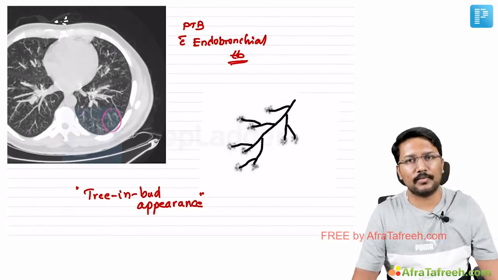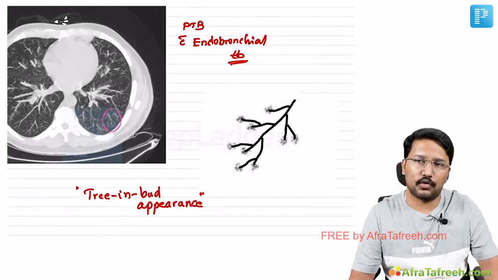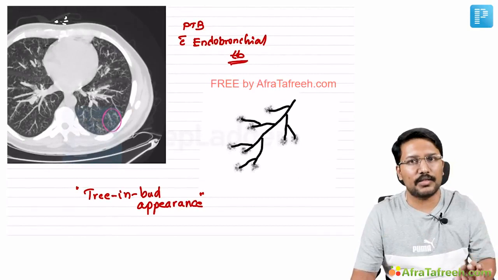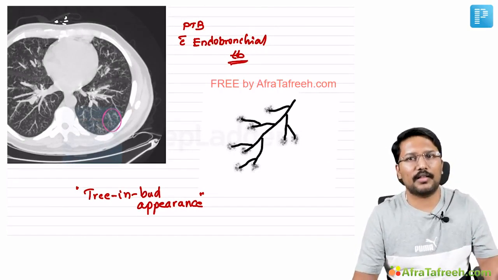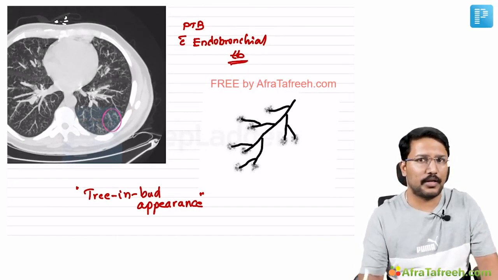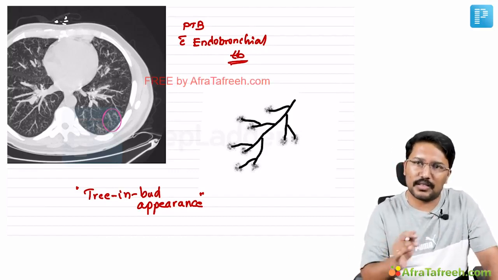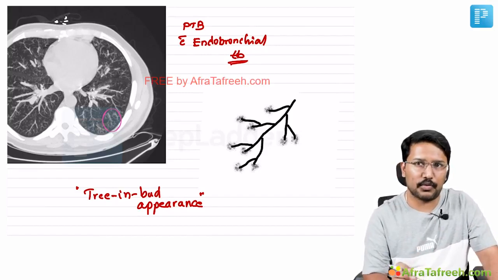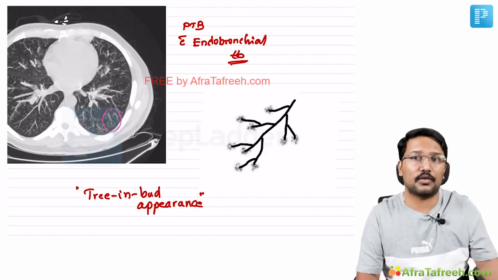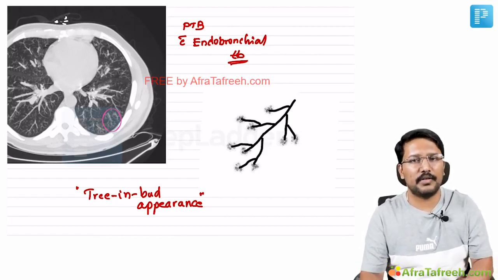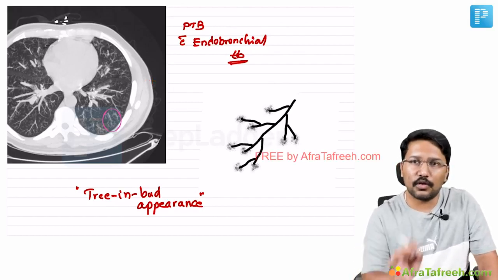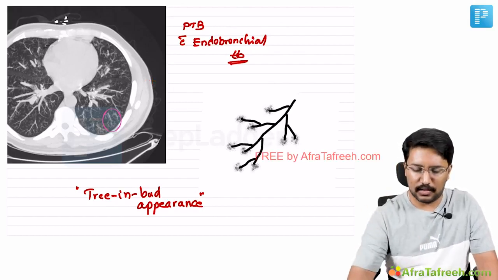Now this is particularly important because I'm repeating the word centrilobular multiple times. The reason is that we also see multiple tiny granulomas in patients with miliary tuberculosis, another form. It is actually a form of primary tuberculosis, right? In miliary tuberculosis, we see multiple granulomas just like in primary or post-primary pulmonary tuberculosis, which is not miliary. The main difference is that in miliary tuberculosis, all these granulomas are much tinier.